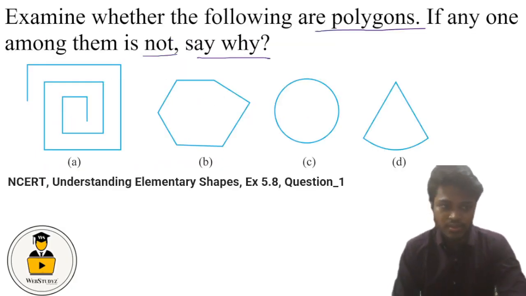Now let us consider the next figure. The next figure is a circle. So figure C is a circle. We can see that it satisfies the first condition, that it does not cross itself.